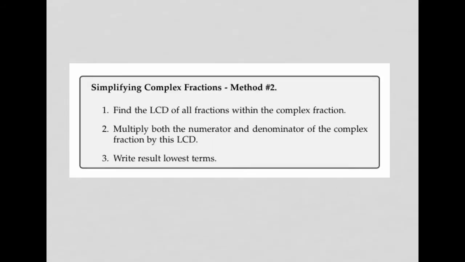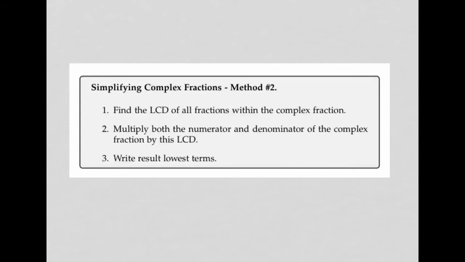The next method, which I'll refer to as method number 2, goes as follows. First, we're going to find the least common denominator, or the LCD, of all of the fractions within the complex fraction. This is equivalent to finding the least common multiple of all of the denominators we see in our expression.